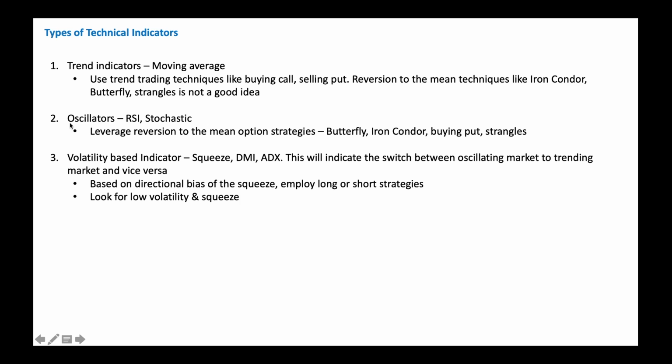Depending on the direction of the bias, the squeeze can be for a higher stock price, or it can go on the shorter side. So this is when we'll employ some of the techniques depending on long or short. So that's a quick description of the types of technical indicators.